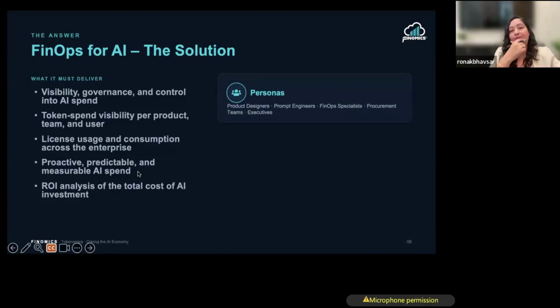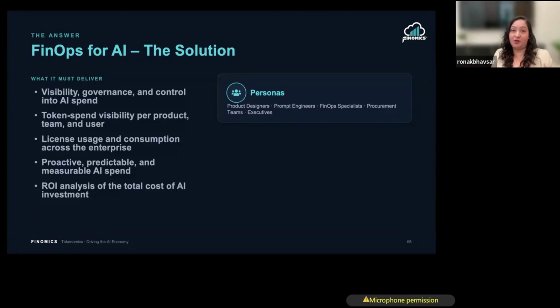So what do we need, right? It's always the people who are going to interact with these AI tools. There are going to be new personas. We already know that FinOps platforms usually work with finance, engineering, and executive teams. But this ROI has to be measured very early, when you are actually making the investment. And for that, it starts at the design phase, right? When you are coming out with a product, your product designers need to be a part of this conversation.